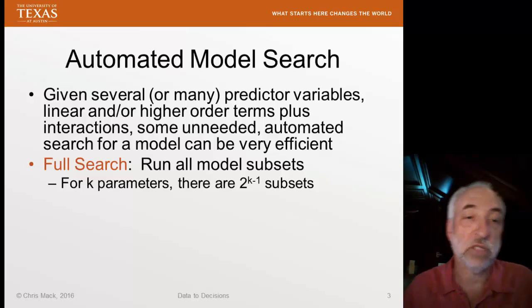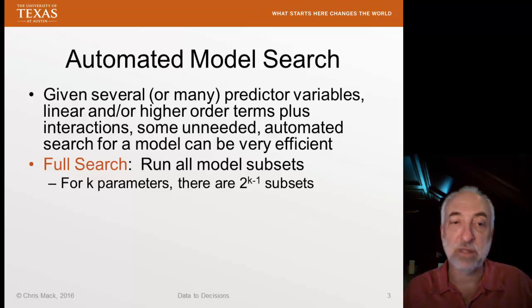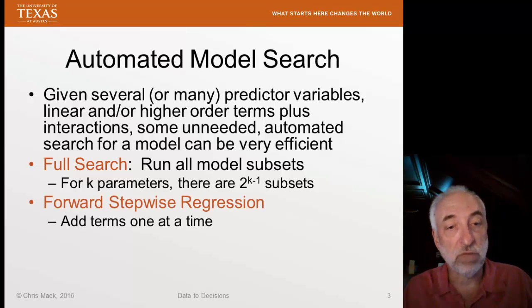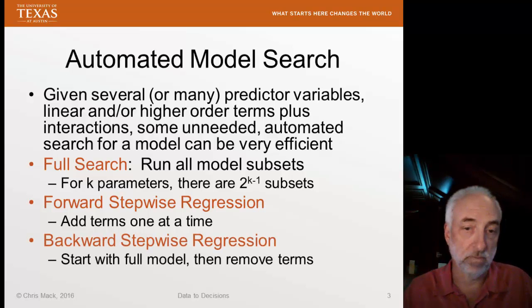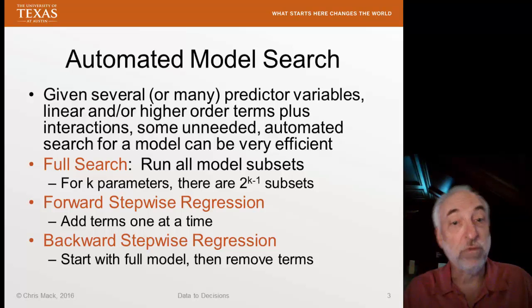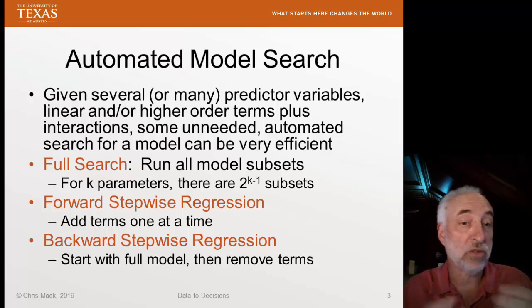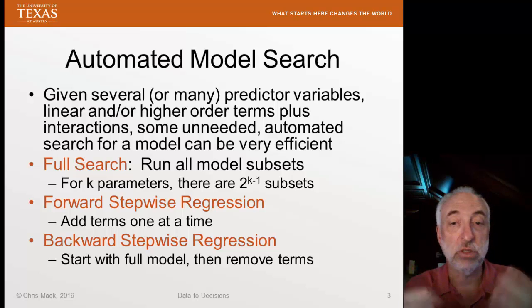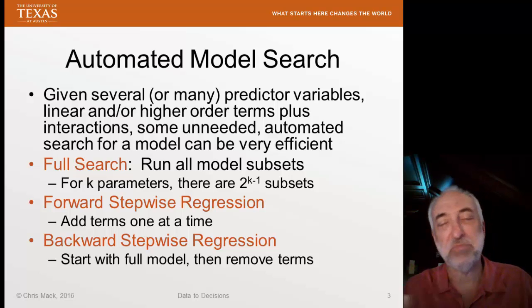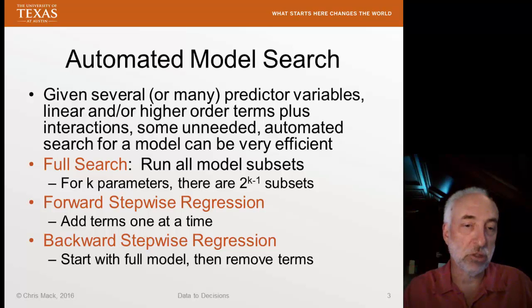If a full search is not practical, then we can use something called a forward stepwise regression or a backward stepwise regression. I'll go through the forward stepwise regression in some detail in the next couple of slides. The backward stepwise regression is pretty much the same thing operating in reverse.